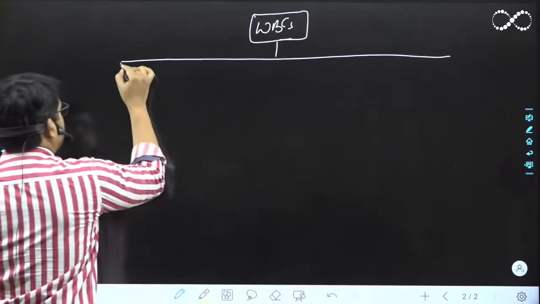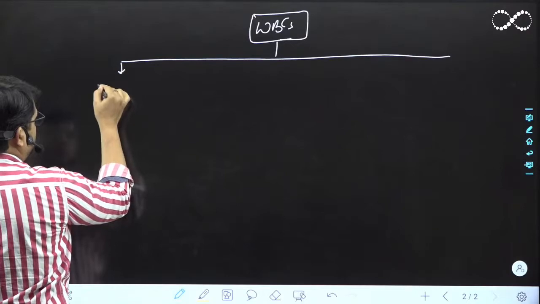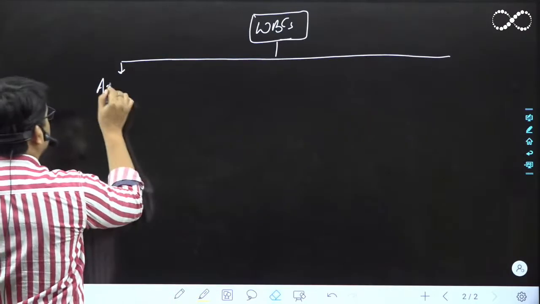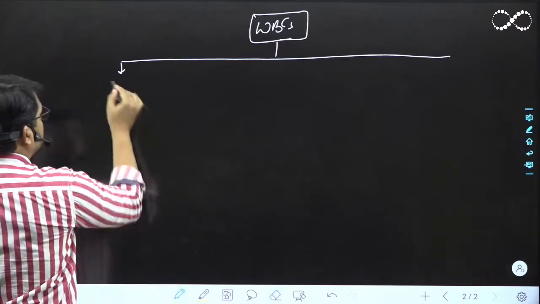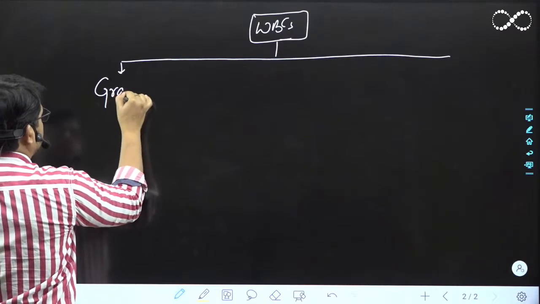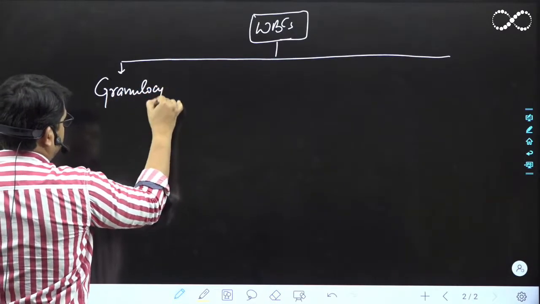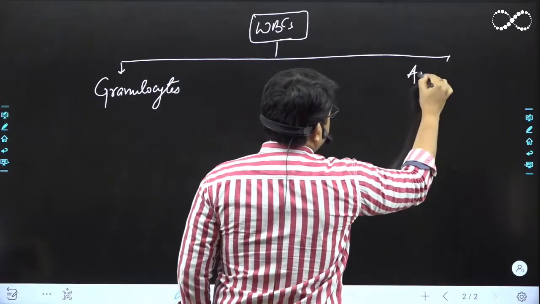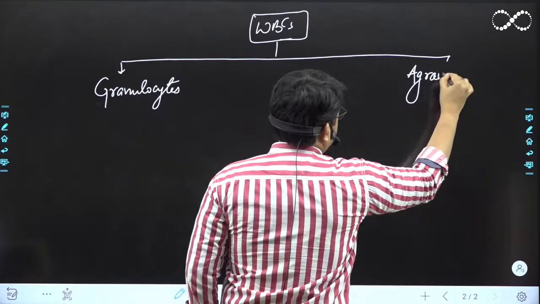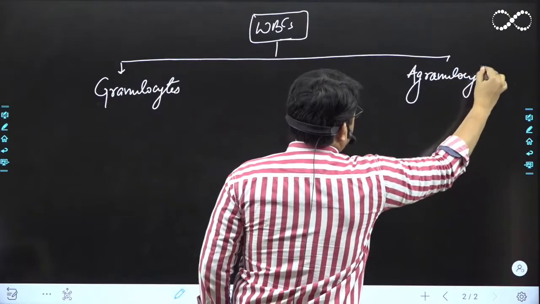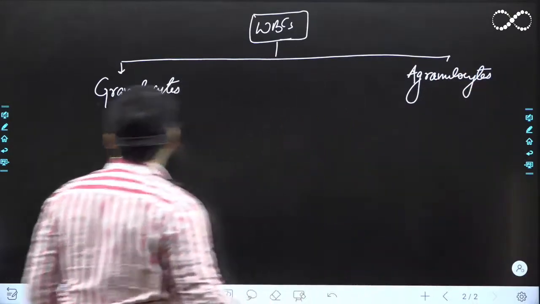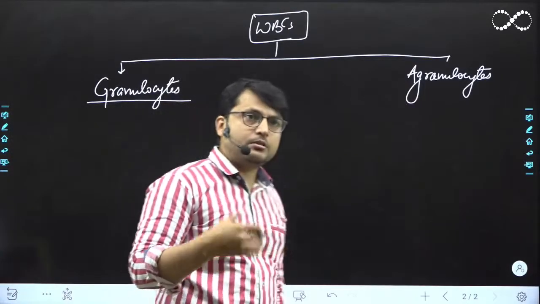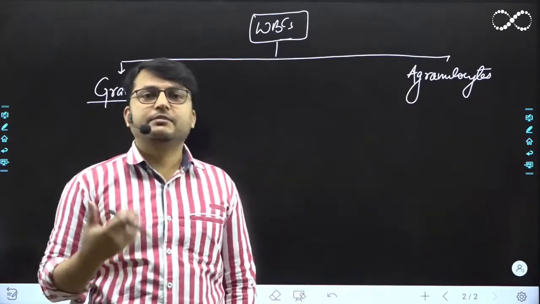What are these? Mainly they are classified into two groups called granulocytes and agranulocytes. Granulocytes, because they have granules in their cytoplasm, and as a result of it they get stained very easily.